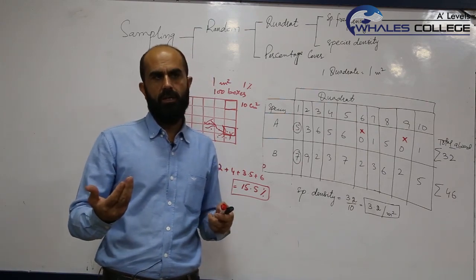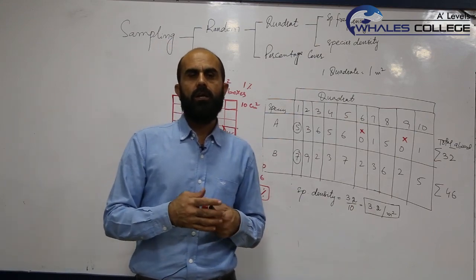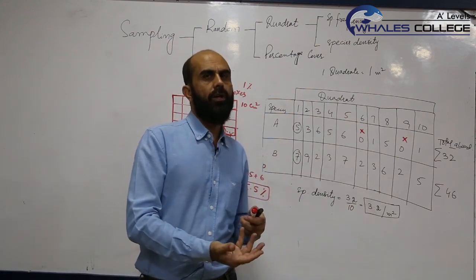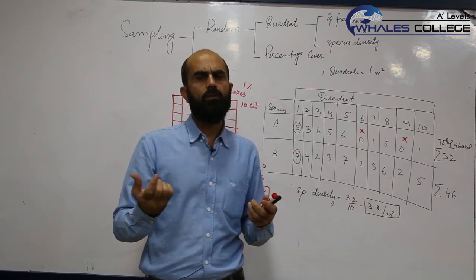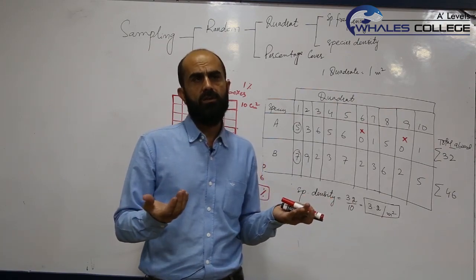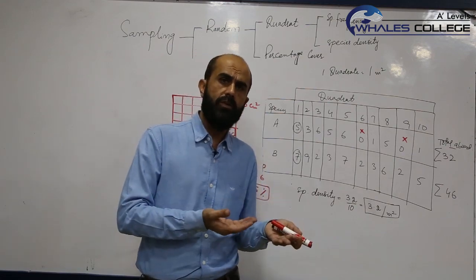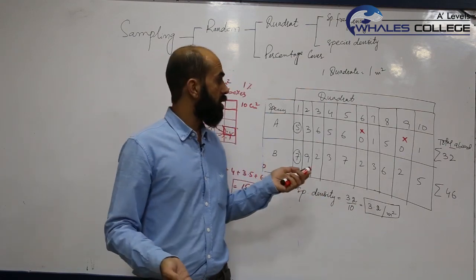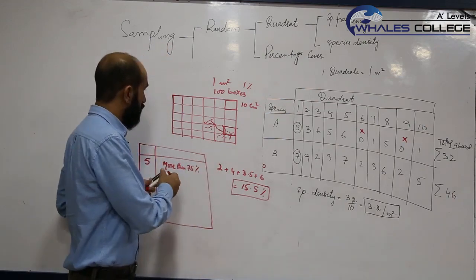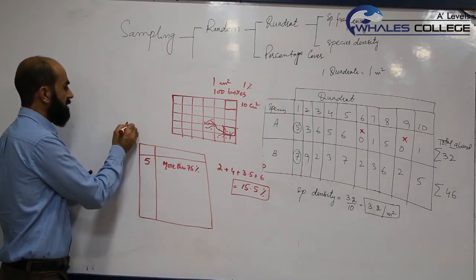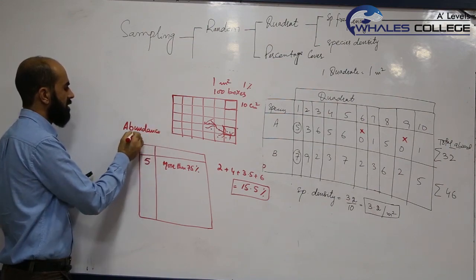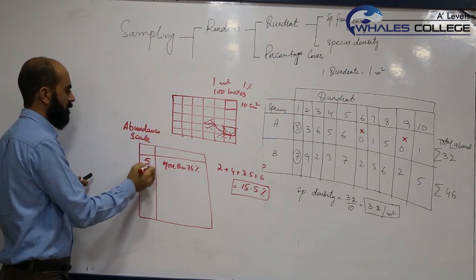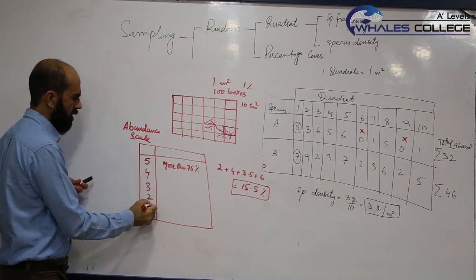If two students both have grade A, we are not aware of their actual marks. Maybe one has 86, one has 83, but both have the A grade. In the same way, we have a grading system called the abundance scale.